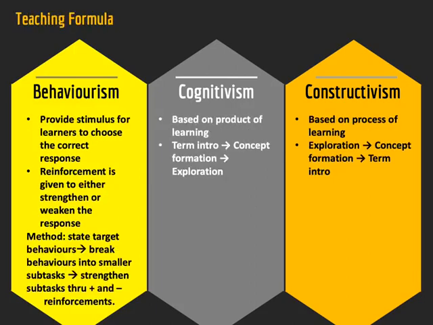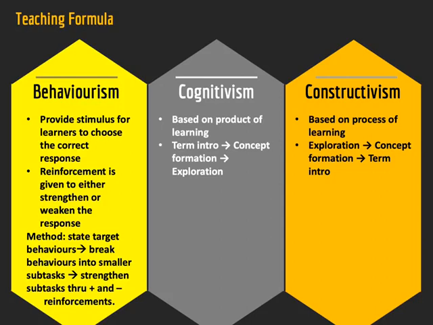In terms of the teaching formula, the formula under behaviorism is to provide stimulus for learners to choose the correct response and add on reinforcement, where reinforcement is given to either strengthen or weaken the response.